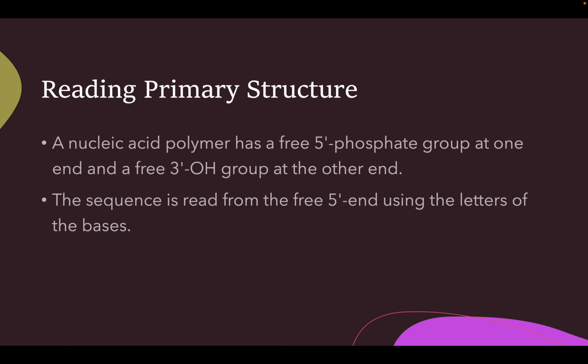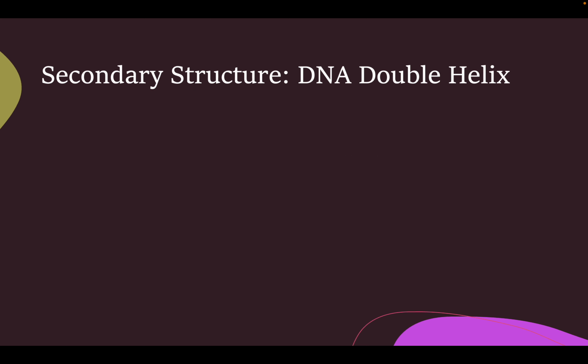So we have talked about the primary structure, which is a linear structure of the nucleic acid, but the nucleic acid, like the DNA, exists in the DNA double helix structure. So there are 2 different strands of the DNA that come together and form complementary bonding between them to form the double helix.